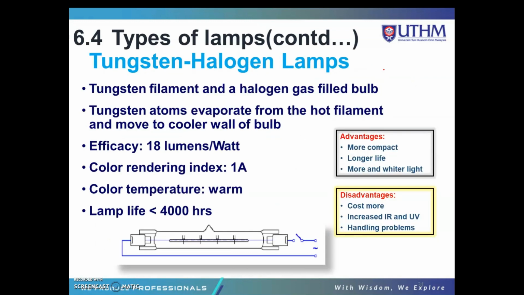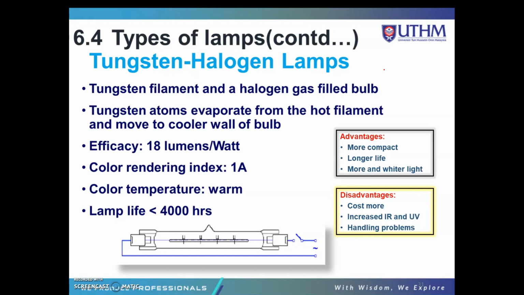Okay. The second one is the tungsten halogen lamps. A tungsten halogen lamp is an incandescent lamp consisting of a tungsten filament sealed into a compact, transparent envelope that is filled with a mixture of an inert gas and a small amount of a halogen, such as iodine or bromine.